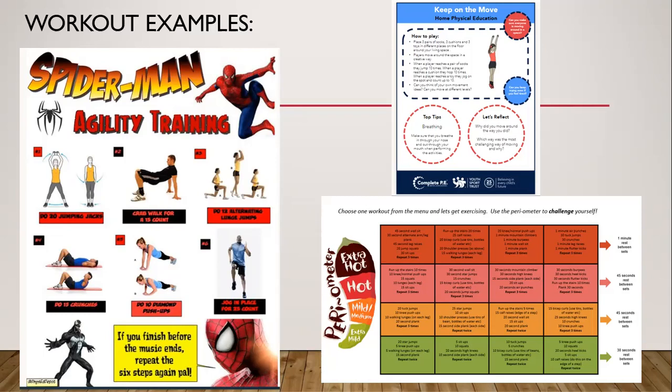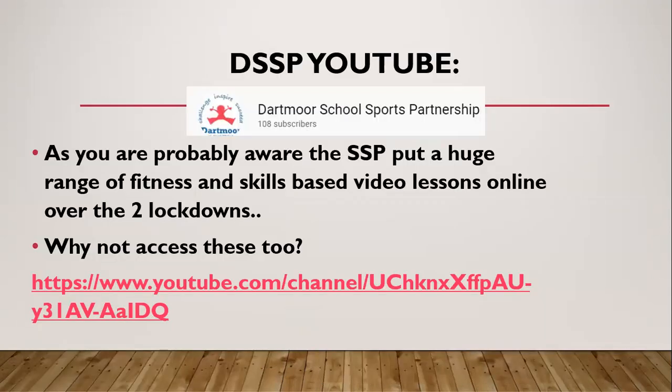These are just a variety for you to look at. Dartmoor SSP, over lockdown particularly, put a huge range of these fitness and skills-based videos online. You can still access them, they're there all the time. So you can just literally put them up on the screen. In some cases, you need more space, but you could use them to inform your own planning.